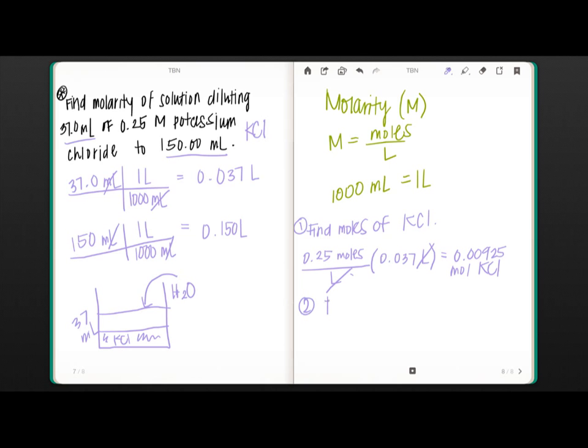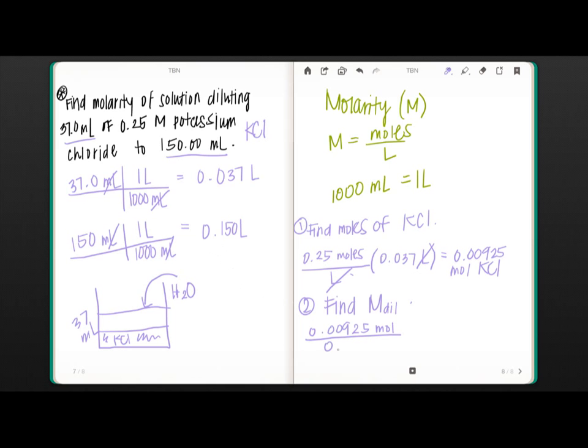Find molarity of diluted. Since molarity is moles over liter again, just take the 0.00925 moles that we just calculated from the first step and divide that by your new volume. Your new volume is that 0.15 liters.